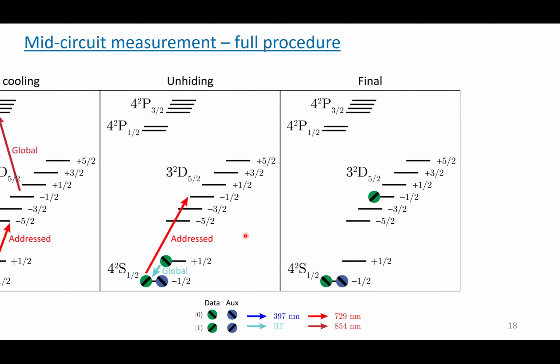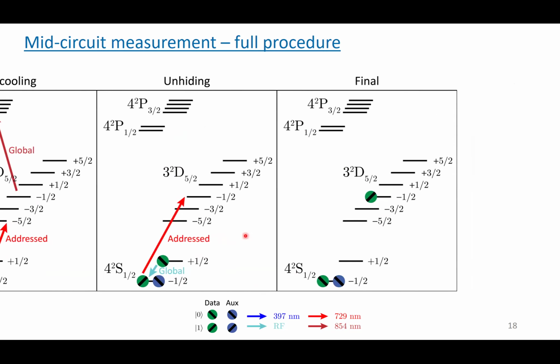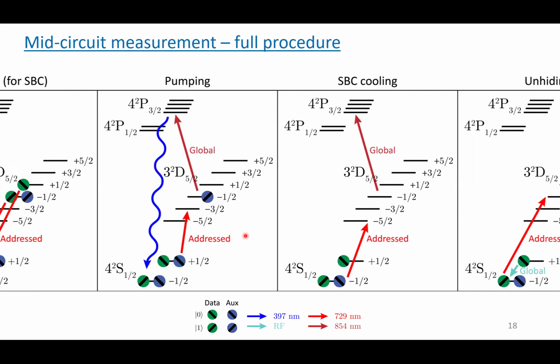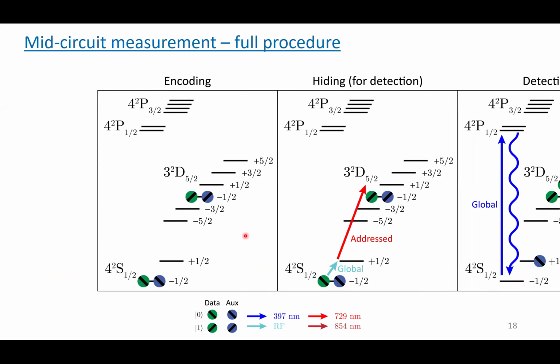I also have a quick question about the hiding. Why do you have to do an RF with these 729 address beams? Can't you just do it directly? Yes, that's a good point. It's a beam geometry thing. We made our polarization such that this address beam doesn't have any delta m equals plus or minus 1 component.